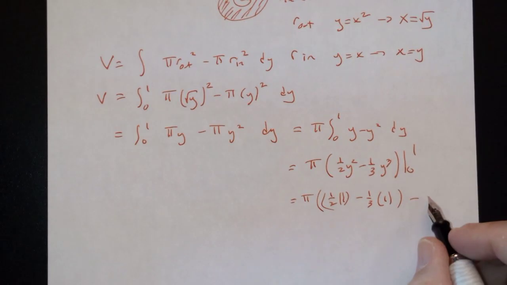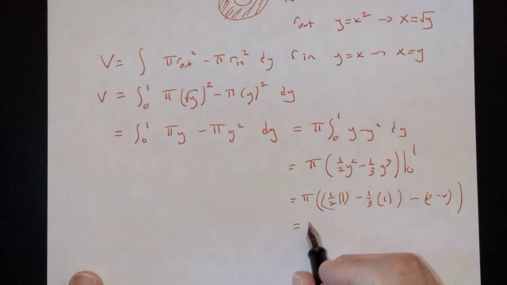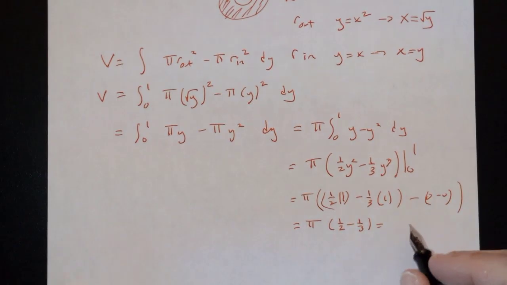When I put in 0, I get 0. So I get a half minus a third. A sixth.